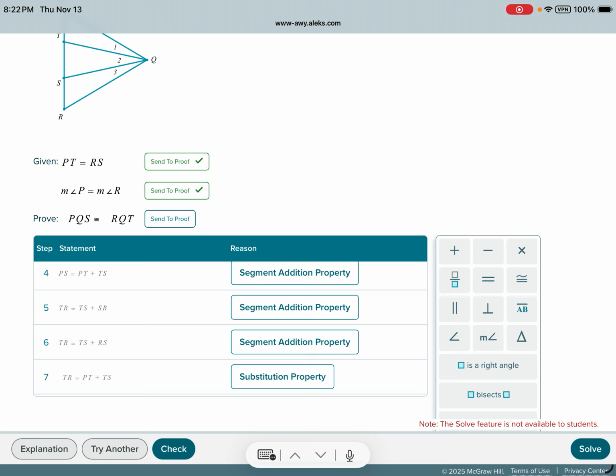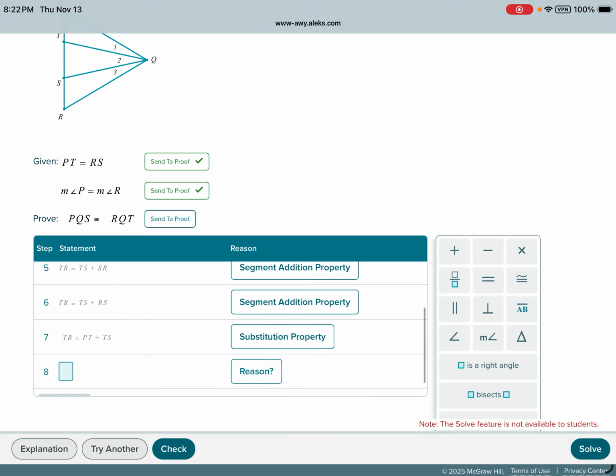All right. Now, if you look at lines 4 and 7, PT plus TS, both PS and TR are equal to the same exact things. So now I can set them equal. So PS is equal to TR. That's what I'm going for. PS is equal to TR by substitution.